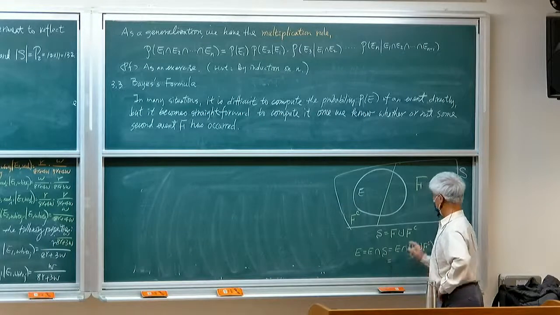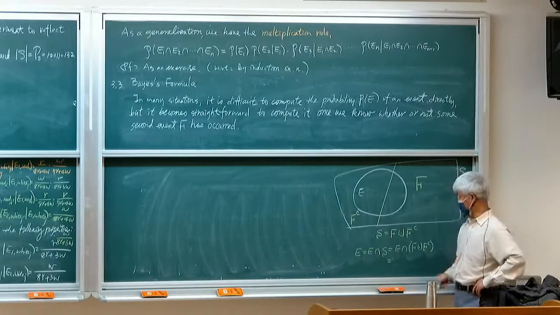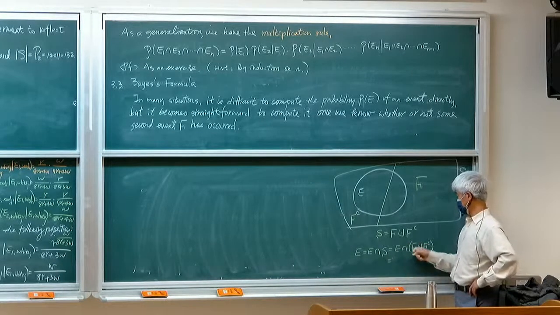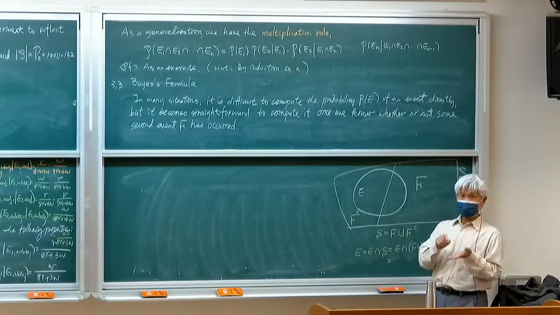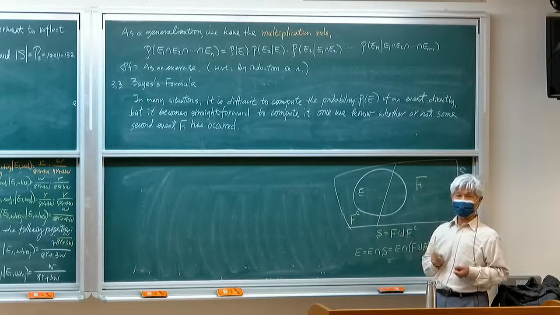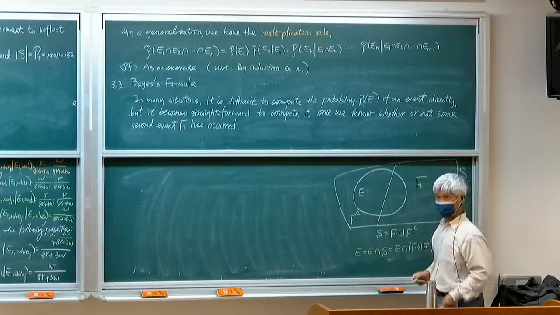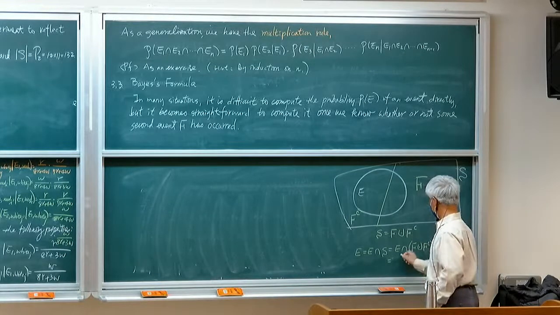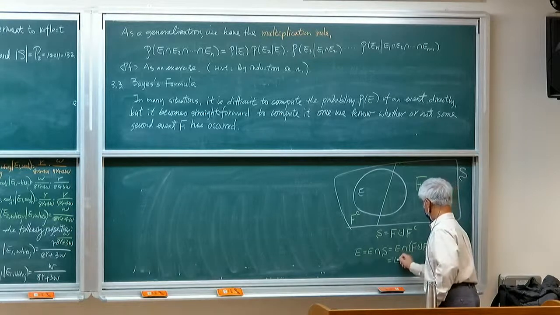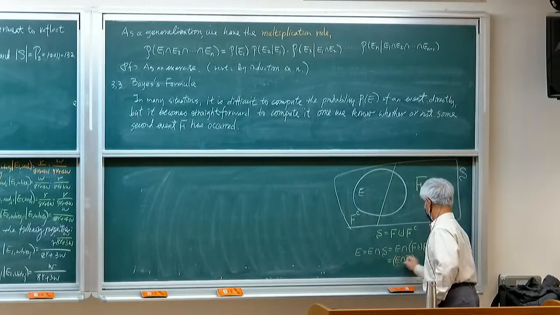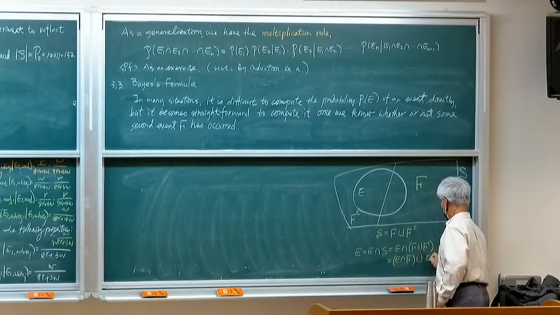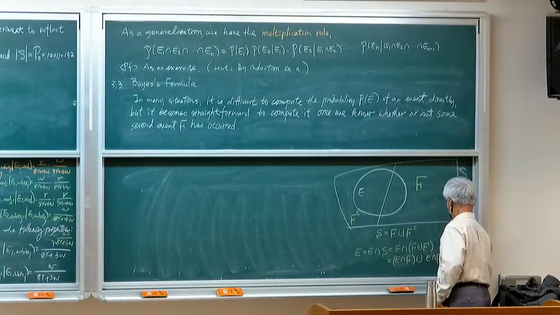By the distributive laws of intersection over union, which you are required to prove for countably many intersections in quiz number 2, this is the disjoint union of E intersect F and E intersect F complement.